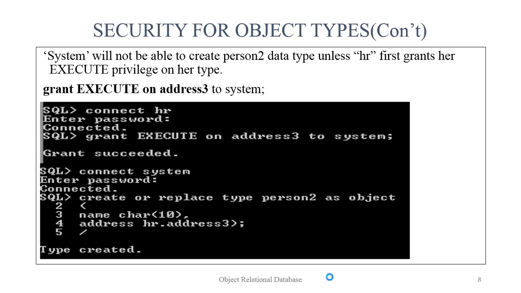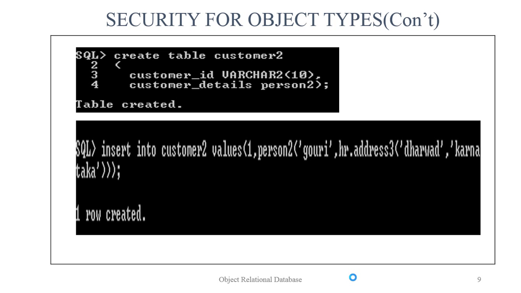Then system can create its type person 2 successfully. In this snapshot, values are inserted into a table which uses address 3 as object type. This should be used as hr.address3.